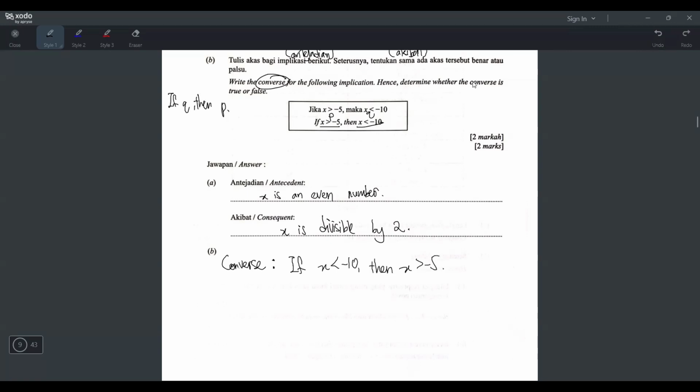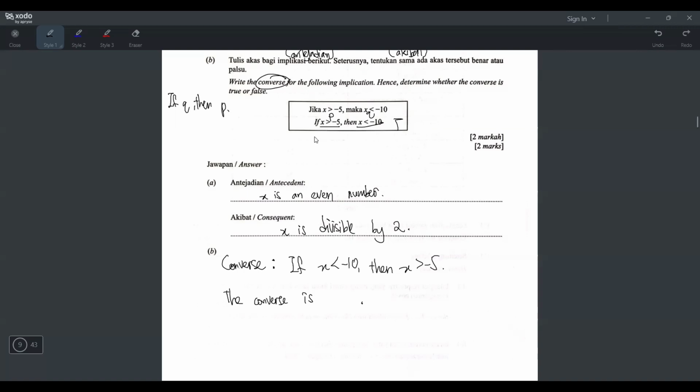But it's not over yet. Determine whether the converse is true or false. So I'll just write the converse. Okay, now we have to think about whether it's true or false lah. All right, let's think about this. If X is bigger than -5, then X bigger than -10. This is true. Because if a number is bigger than -5, automatic, wait. Yeah, betul lah.